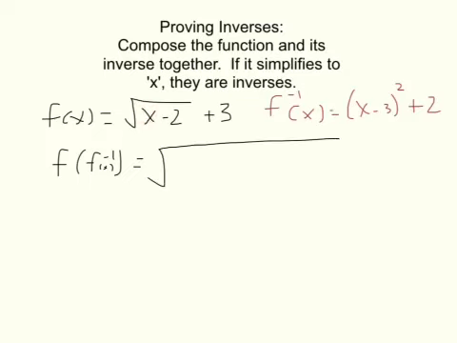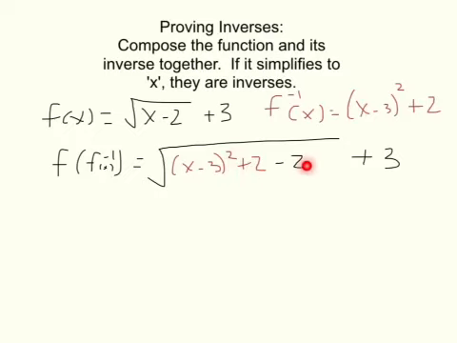So instead of x, I have the square root of x minus 3 squared plus 2. And then I go back and I have a minus 2 still, and I have a plus 3 on the outside. So I just replaced my x with my inverse. Now I'm going to simplify. If I get x, then these are definitely for sure inverses. So I can simplify first by doing these.